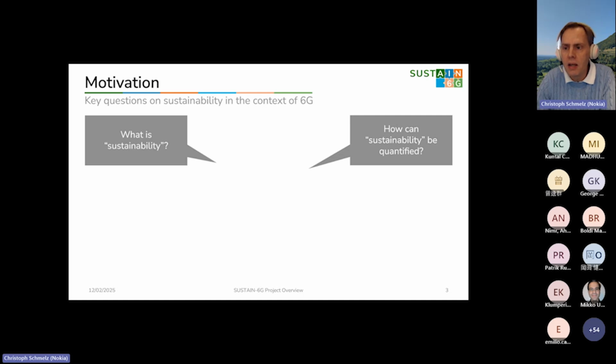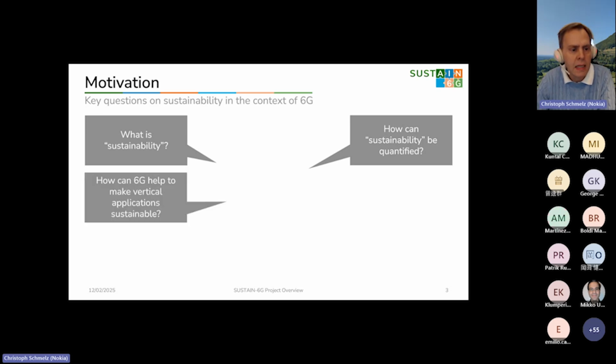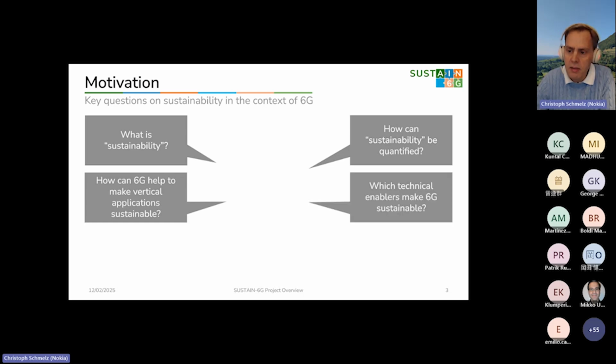And in the end, how can sustainability be quantified, or at least qualitatively described? These are the initial questions we started with. Then, how can 6G help to make vertical applications more sustainable? And what are the technical enablers that we need to look at to make 6G more sustainable?